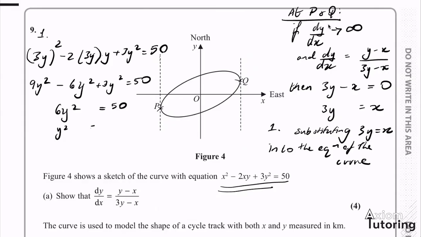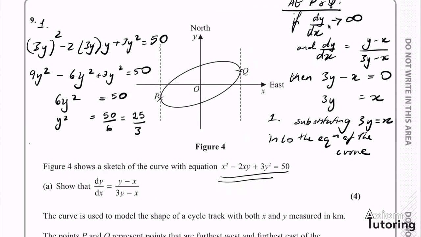And so y squared equals 50 over 6. You can rewrite that as 25 over 3. And so y is actually going to be plus minus the square root of 25 over 3. That's going to be plus minus 5 over root 3.